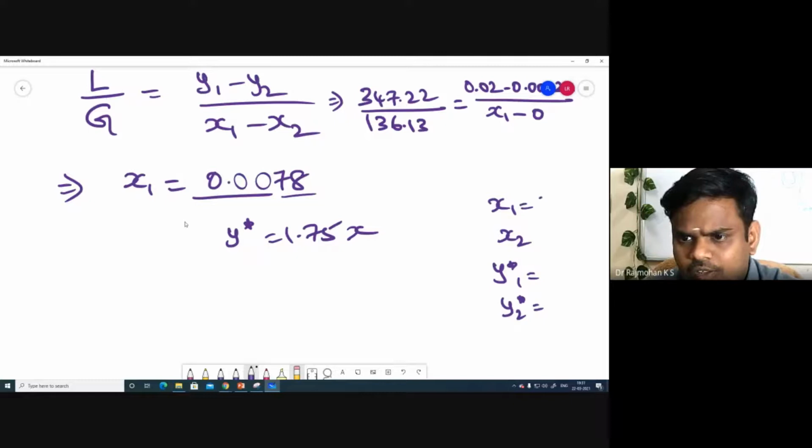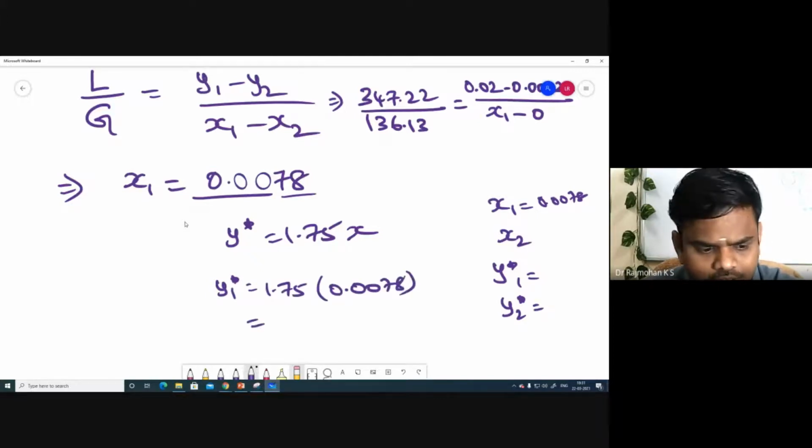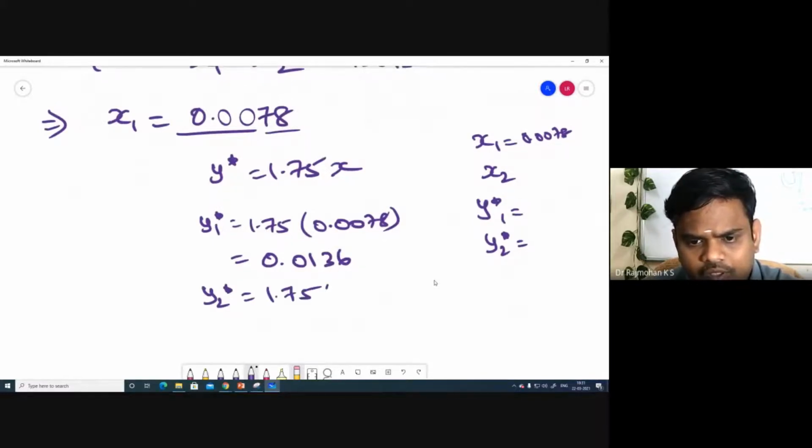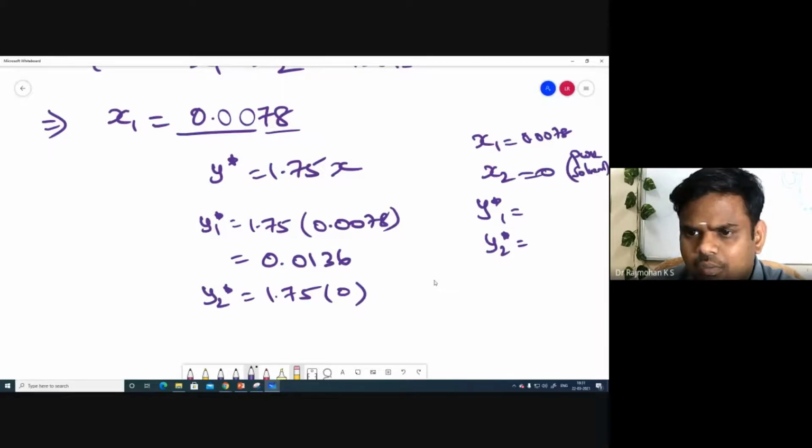So with x1 equal to 0.0078, what is the y1 star value? 1.75 into 0.0078, which is, use your calculator, 0.0136. What is the y2 star value? 1.75 into 0, because x2 is 0, that is pure solvent entering. So y2 star is equal to 0.